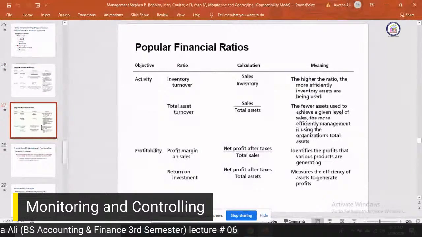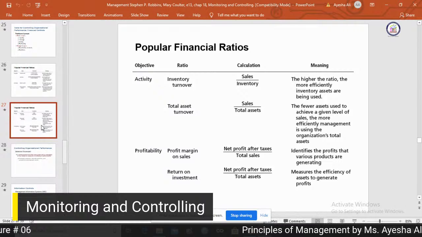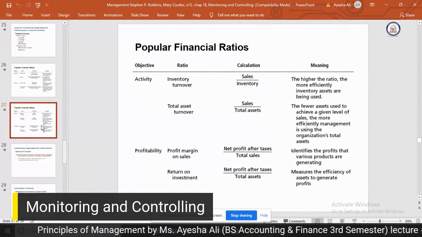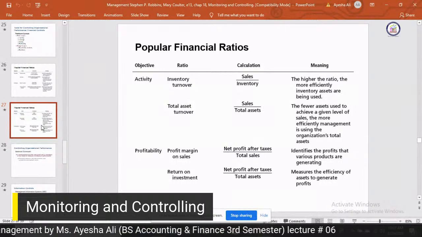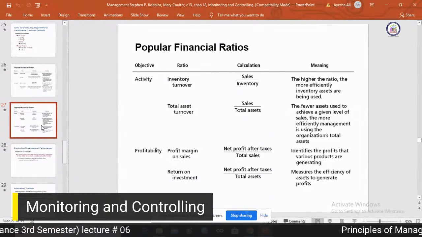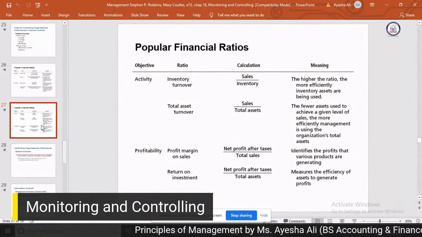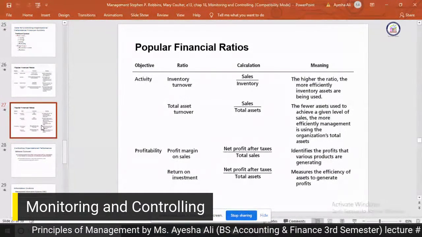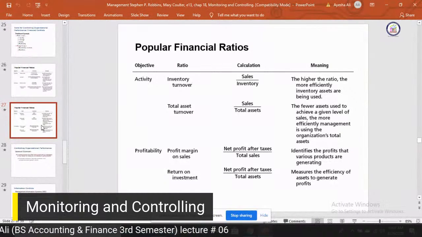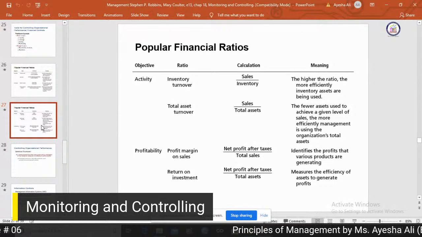Then we have the activity ratio, in which we have two types of ratio: inventory turnover and total asset turnover. Basically, the activity ratio is all about how efficiently the organization uses its assets, how much advantage the organization is taking from its assets. The inventory turnover formula is sales upon inventory.